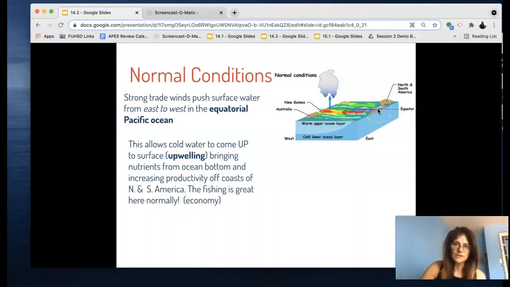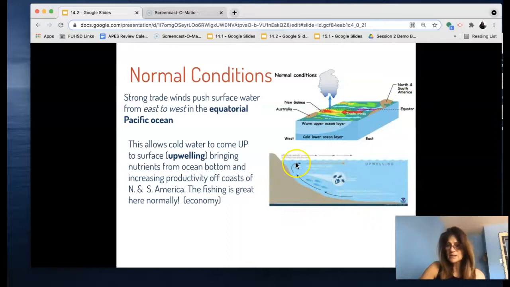When the trade winds push this surface water away from North and South America, they create a space essentially for water to rise up from the ocean bottom and bring with it all kinds of wonderful nutrients that are there because of decomposition of dead marine life.